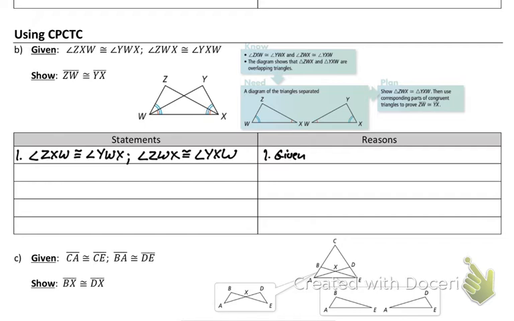That is my given, and it's written on there. I drew all of the stuff on there for you, so I made all my markings and I split the triangle apart.